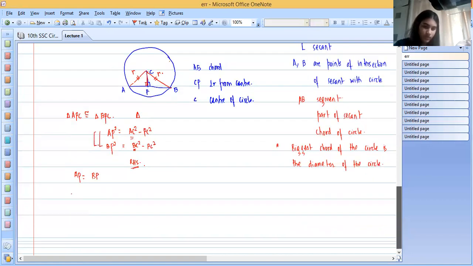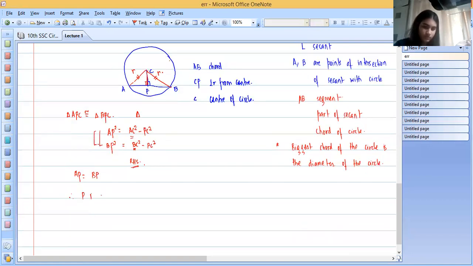That means P is the midpoint of the chord AB. Therefore, the perpendicular from the center to the chord bisects the chord.